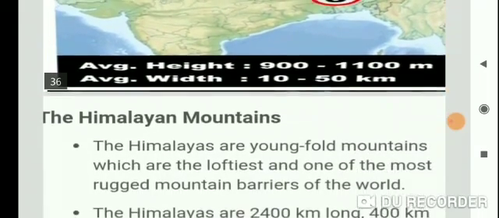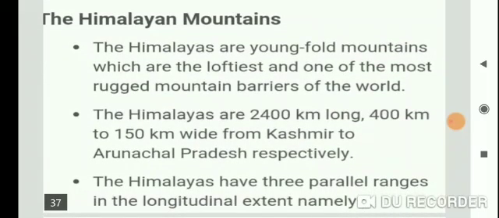Now next, as I have already discussed, the Himalayas are young fold mountains which are the loftiest, meaning height, and one of the most rugged mountain barriers of the world. The Himalayas are 2400 km long and 400 km to 150 km wide from Kashmir to Arunachal Pradesh respectively.